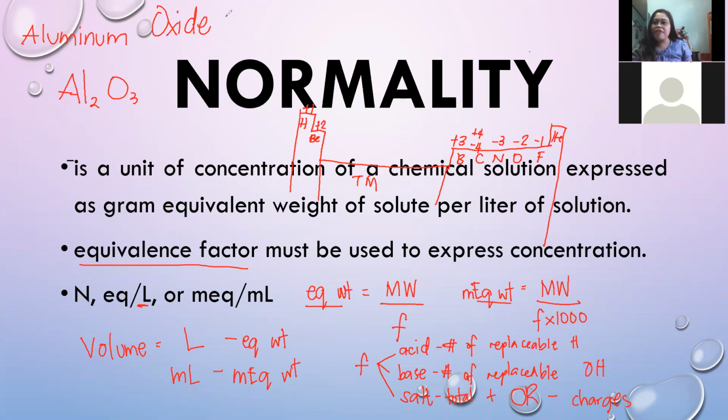Now let's identify the charges so that ma-identify po nato ang equivalence factor. So asa na belong si aluminum? Sa group 3. Aluminum can be found sa group 3A under boron. So this one class is positive 3.